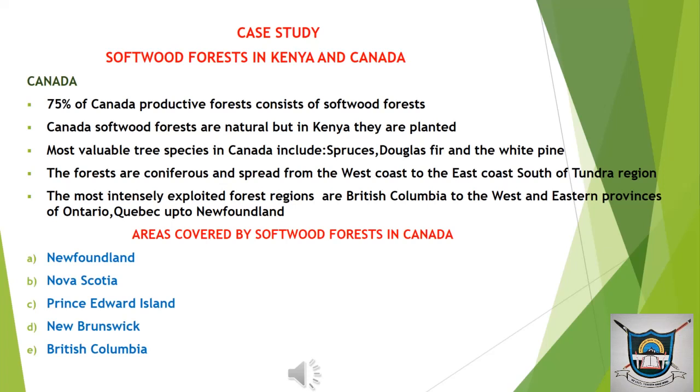Now, we have 5 areas that are majorly covered by softwood forests in Canada, and they include Newfoundland, Nova Scotia, Prince Edward Island, New Brunswick, and British Columbia. Those are areas where most of the softwood forests in Canada are found.